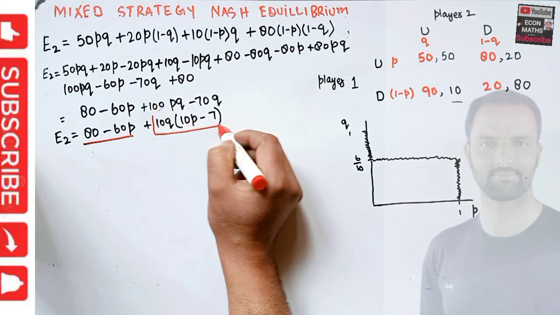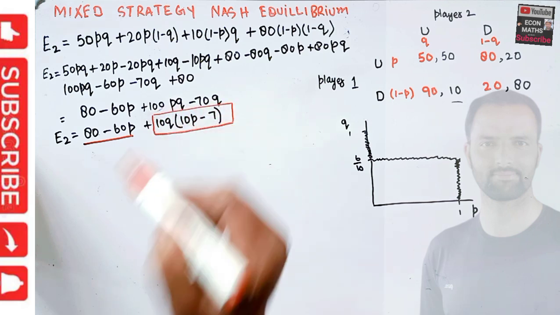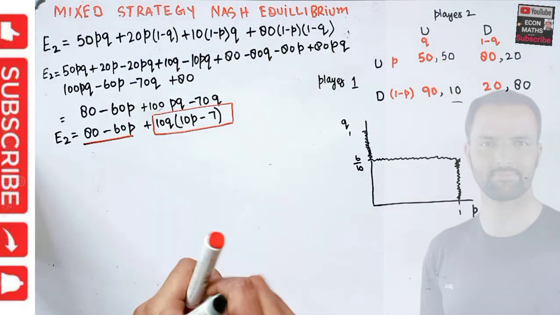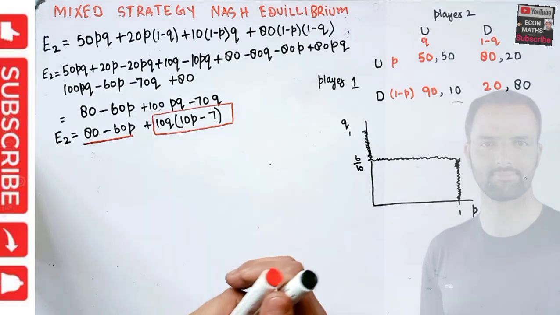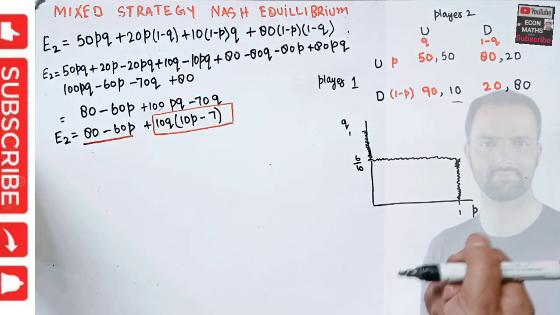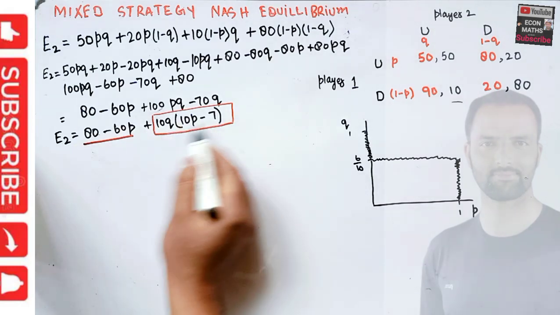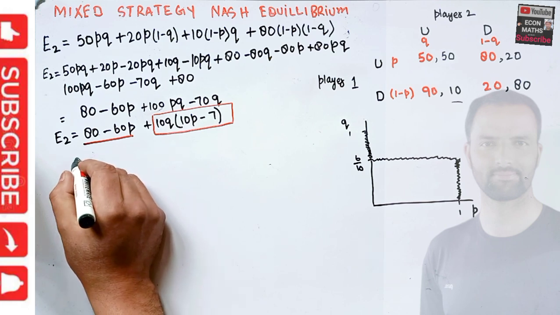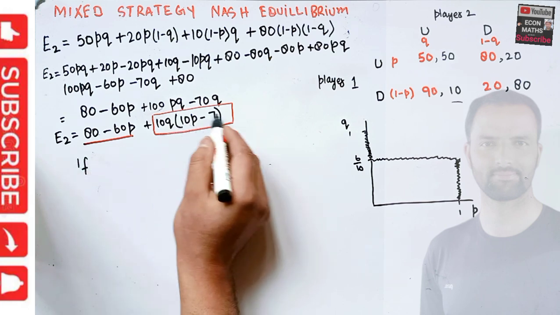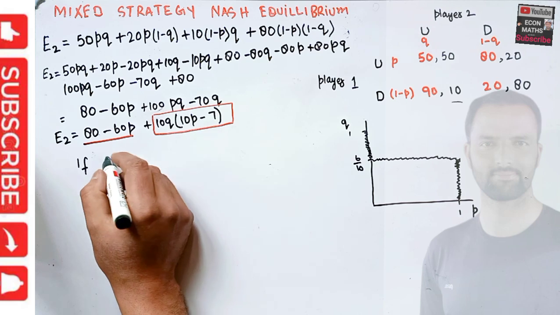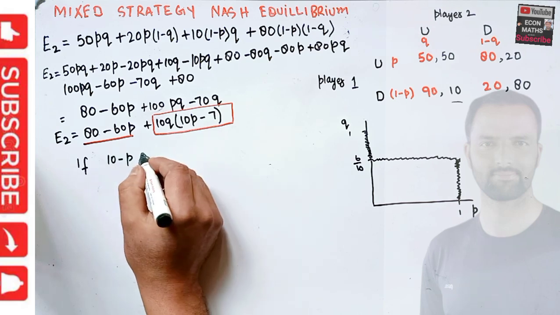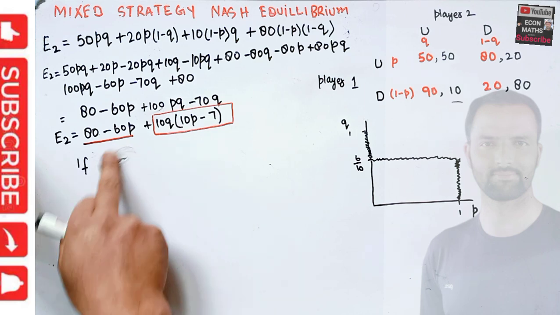He cannot do anything with the first two. Now player 2 will try to maximize this expected payoff. How can he maximize this payoff? Let us see, it is 10P minus 7.